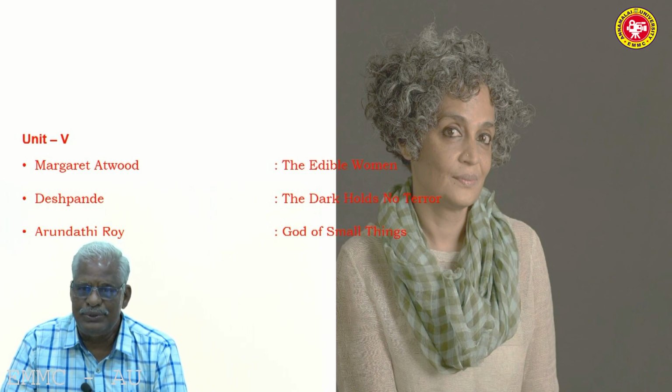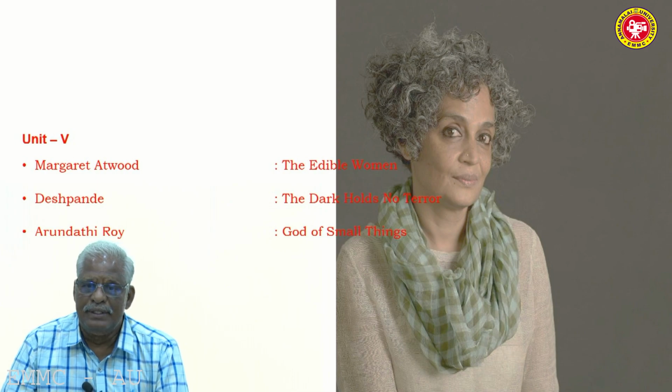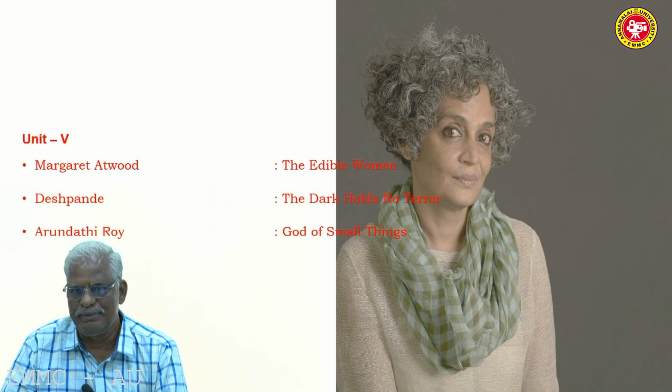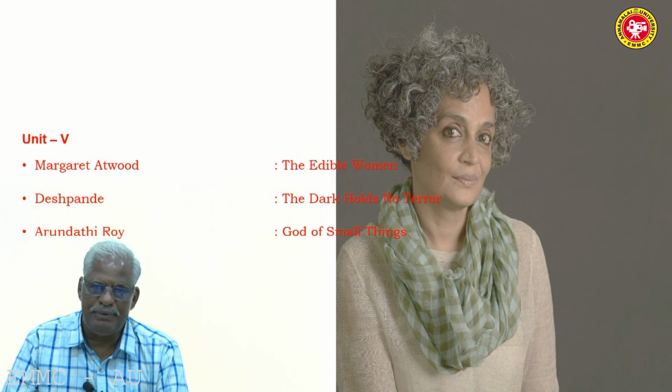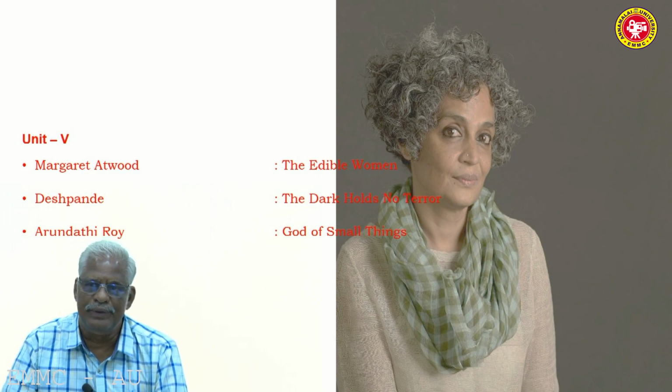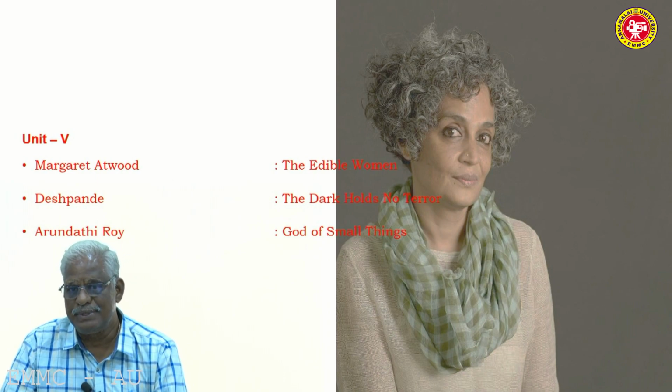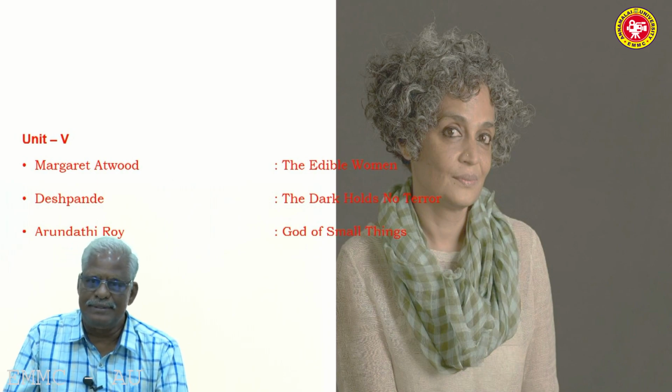By going through this unit, students will gain a full understanding of what feminism is, how it developed, what its canons are, and how they can apply these feministic principles to a literary work of art.